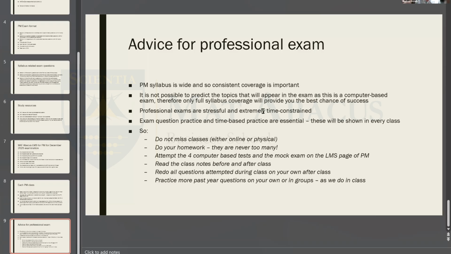Most of the time, their problem is not that they did not study. Their problem is time constraints. So in 3 hours, they answered 80% of the exam and got 45. You say 45 divided by 80 is more than 50%.